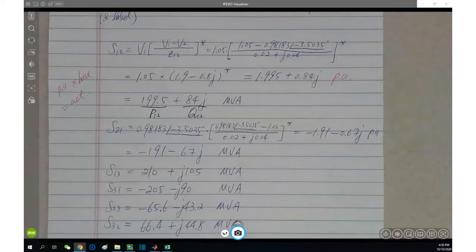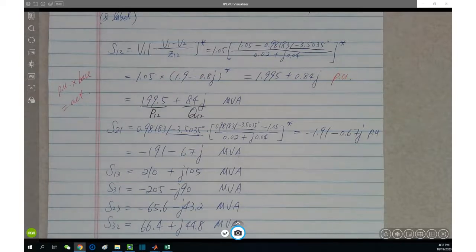Can you guys hear me now? All right, so here are the solutions. Can anyone confirm these results up to 6 line flows? Any troubles, any problems? I got the same answer. Good, great. Kevin says my S23 and S32 are different.